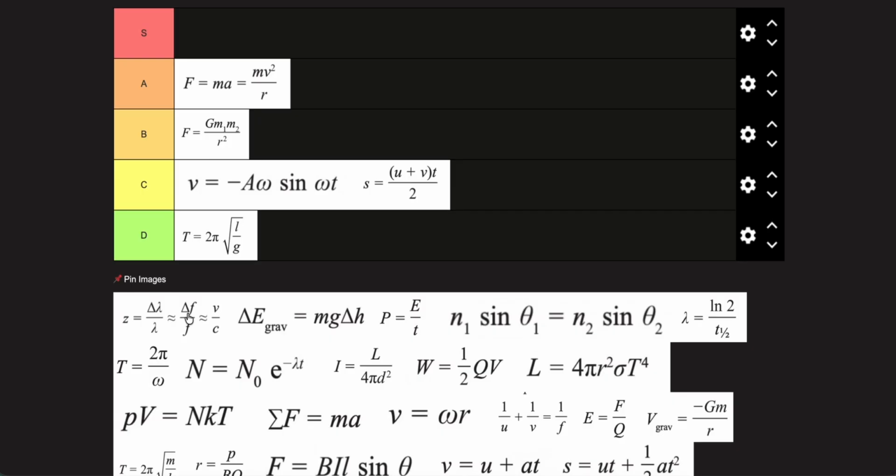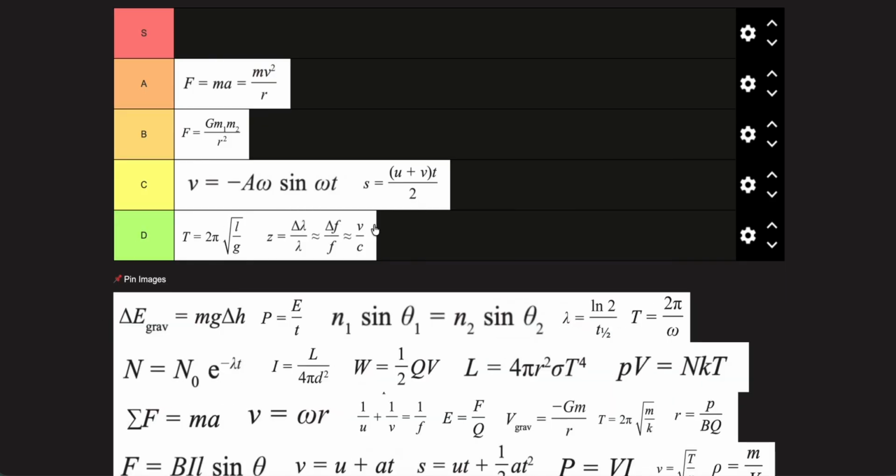No. Is it important? It is. Do students find it hard? They don't. I dare say that you guys find these problems easy, okay? So I'm gonna put it in tier D. I'm sorry, I am apologizing to Doppler, I guess, but okay, I'm gonna put it in tier D. Okay, gravitational potential energy.